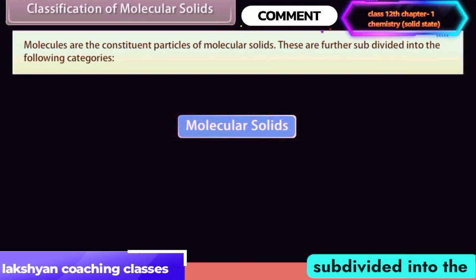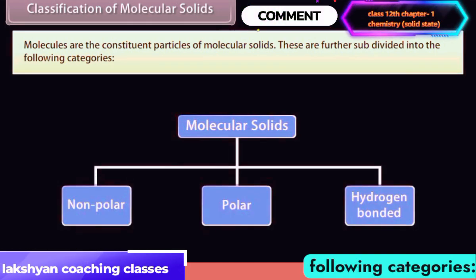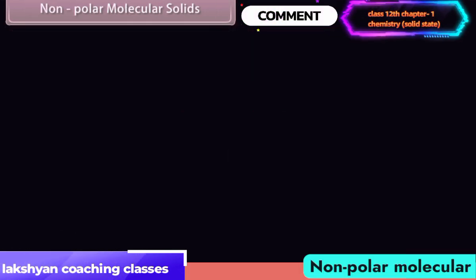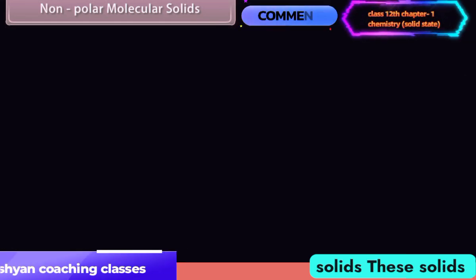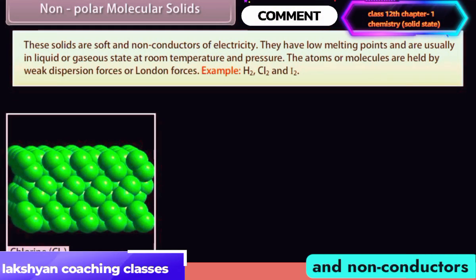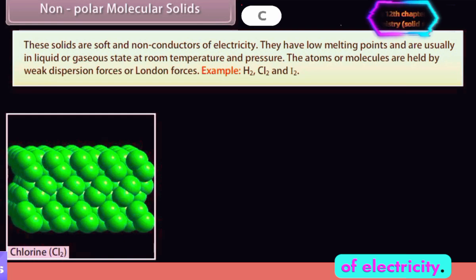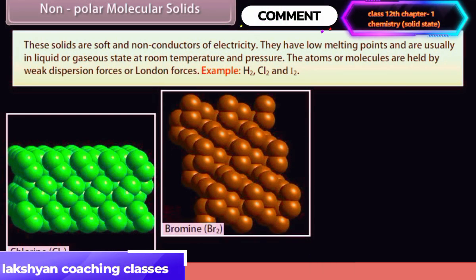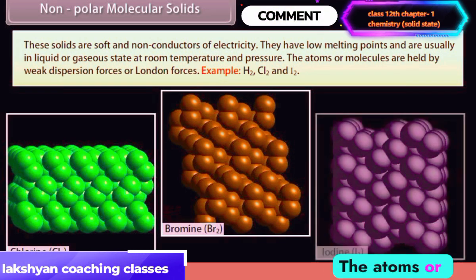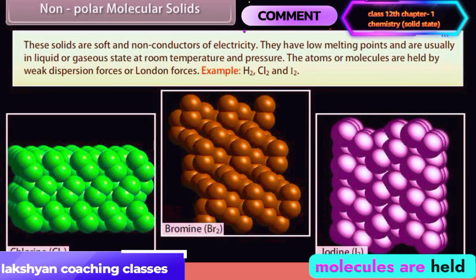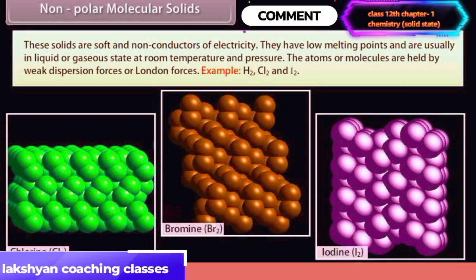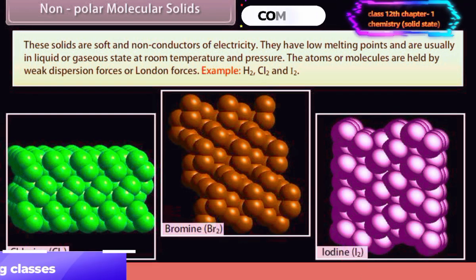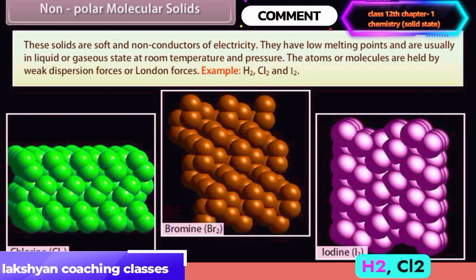These are further subdivided into the following categories. Nonpolar molecular solids. These solids are soft and non-conductors of electricity. They have low melting points and are usually in liquid or gaseous state at room temperature and pressure. The atoms or molecules are held by weak dispersion forces or London forces. Example, H2, Cl2, and I2.